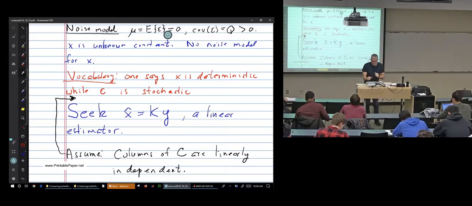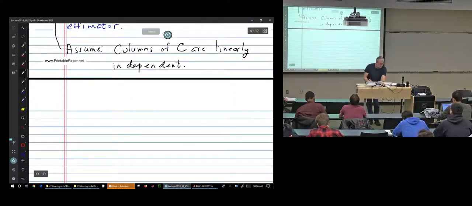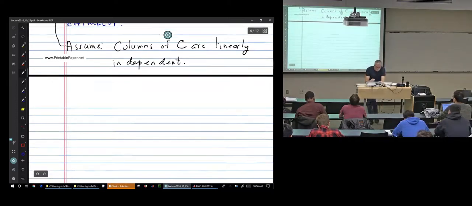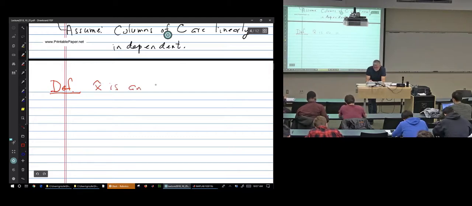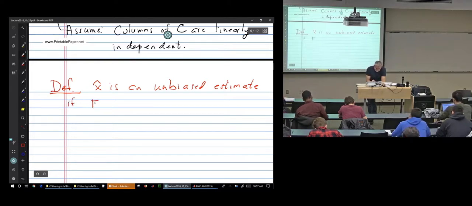Now, what's the unbiased part? Definition: x hat is an unbiased estimate, not of... if you take the expected value of x hat, what do you think you would like to get?